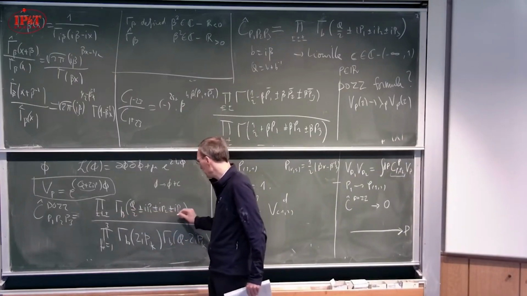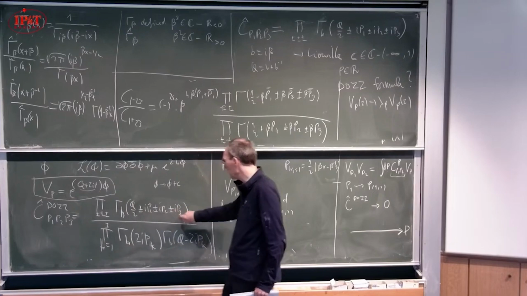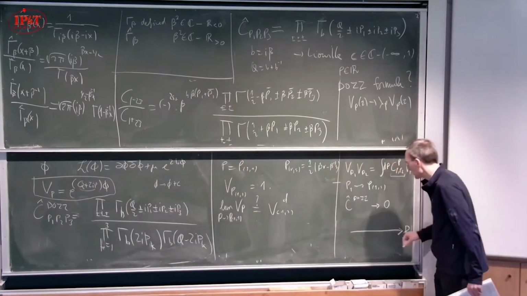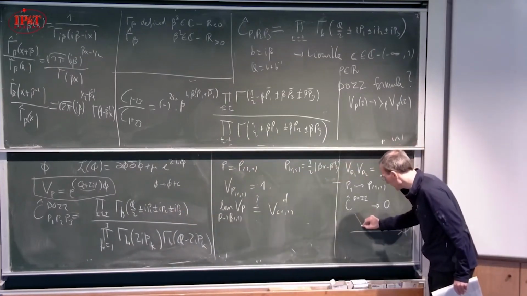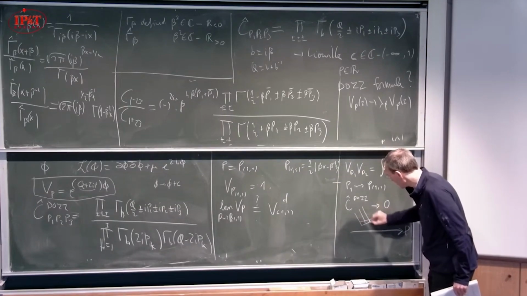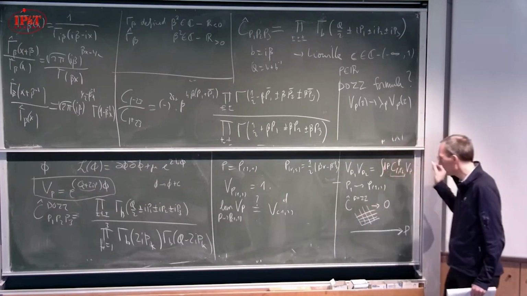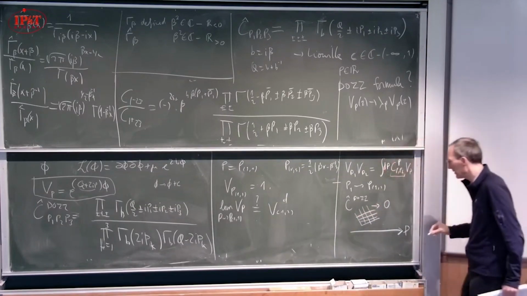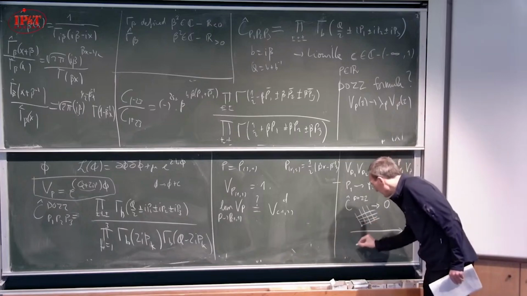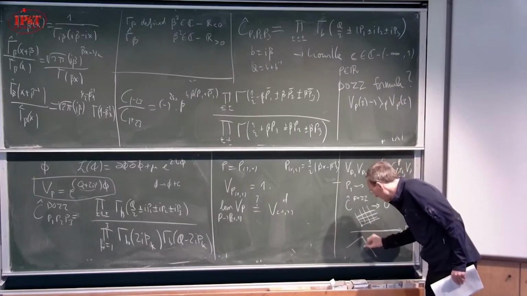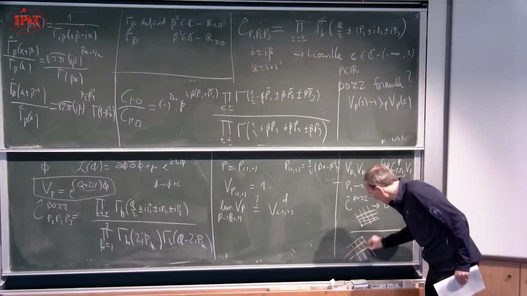The position of poles depends on the various momenta, P1, P2, P3. And the point is that we have here some lattice of poles. Well, I'm taking b to be some generic complex number. And you also have a lattice of poles there.